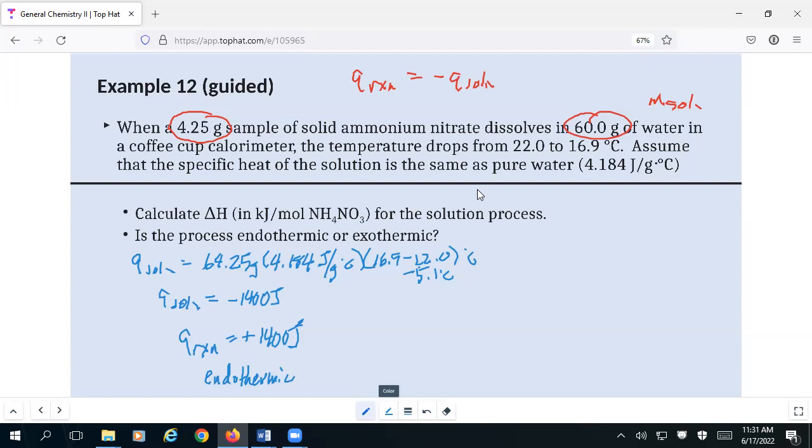Now, to turn this into a delta H value, I need the number of moles, 4.25 grams of ammonium nitrate. That's NH4NO3.